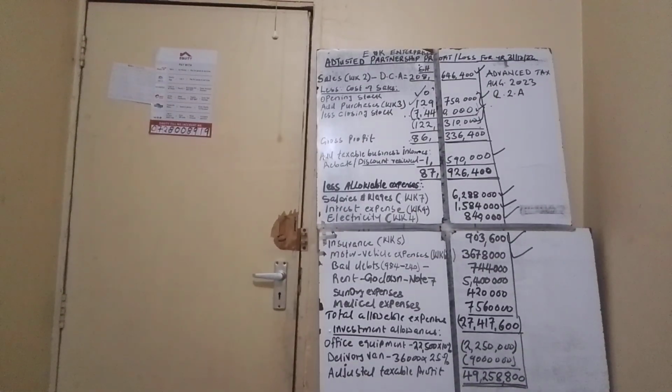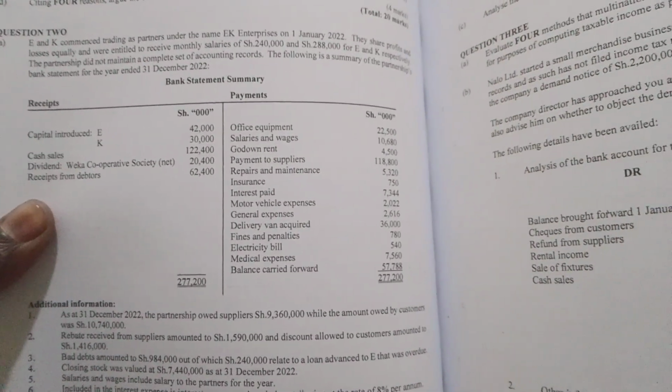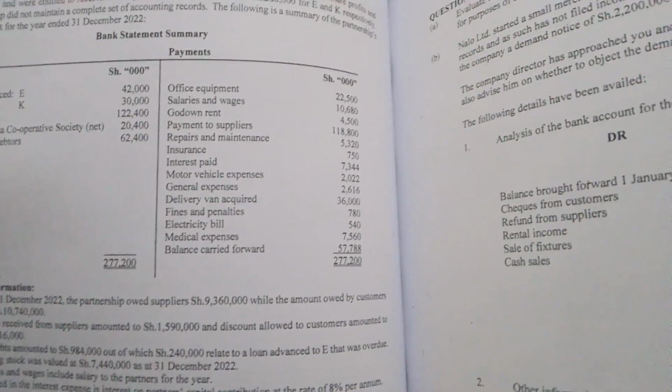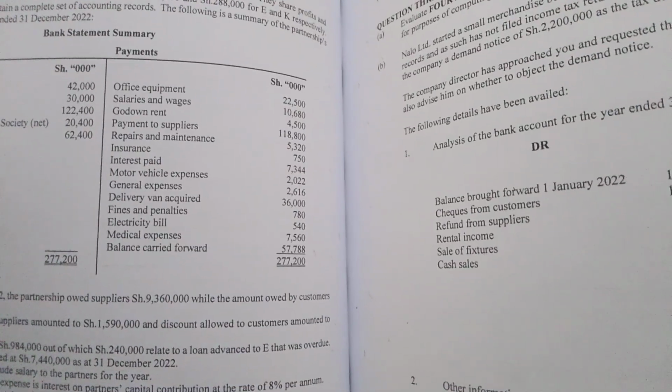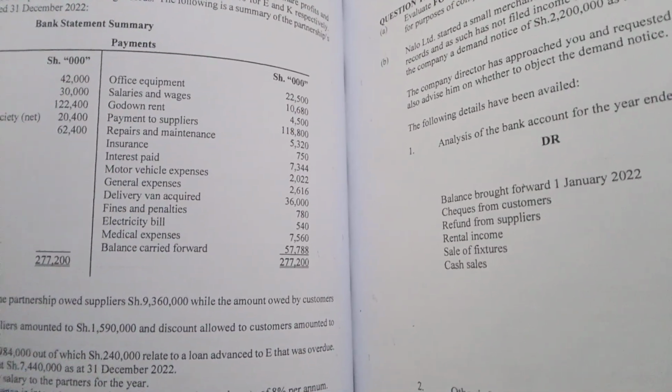Now what you have done for motor vehicle expenses, because those are allowable expenses, is that we've gone to the bank statement. Look at the bank statement summary, payments on the credit side. You can see motor vehicle expenses, 2,022,000.